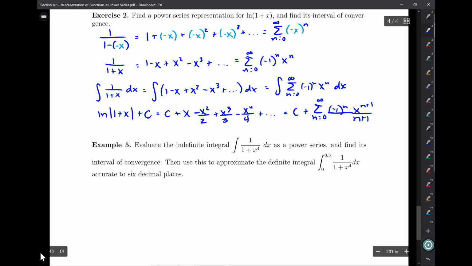You could extend that fraction bar if you wanted to.